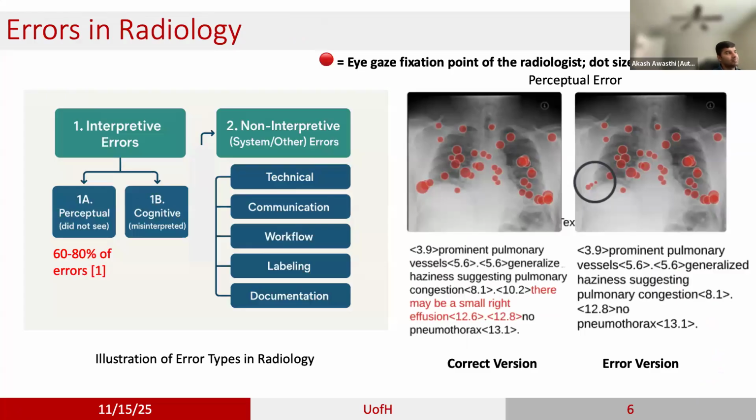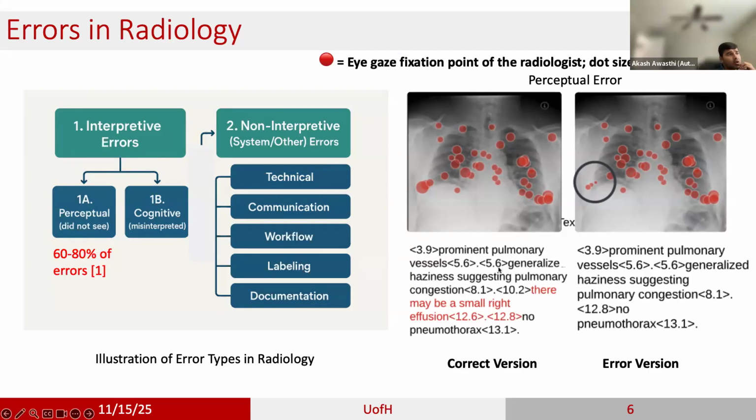That is something people have already been working on, system based errors. But the important errors, if we want to give an agent the capability to correct errors, the ones which take most of the percentage, are perceptual errors, which is basically they did not see for enough time, or they did not focus on the region, or they missed it.